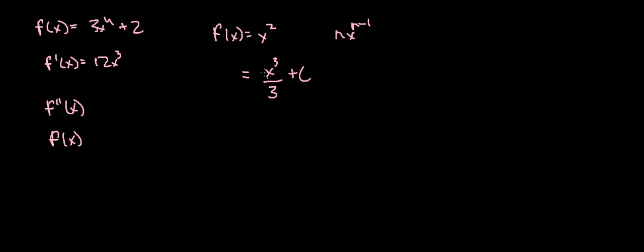Then I would have to do another antiderivative. So this would be equal to x to the fourth now, divided by 12, plus cx now plus d, because this term would have been eliminated as well after being differentiated twice.